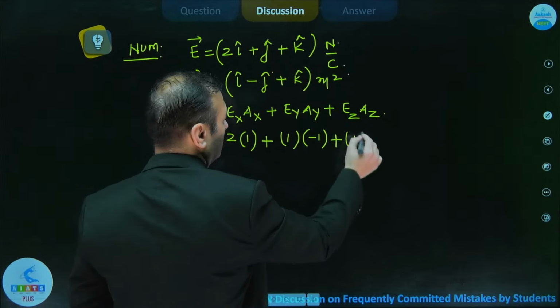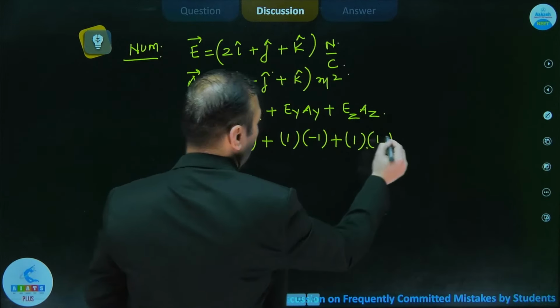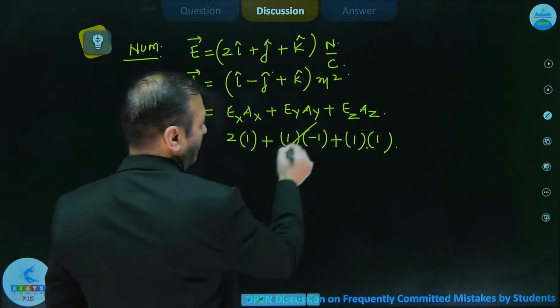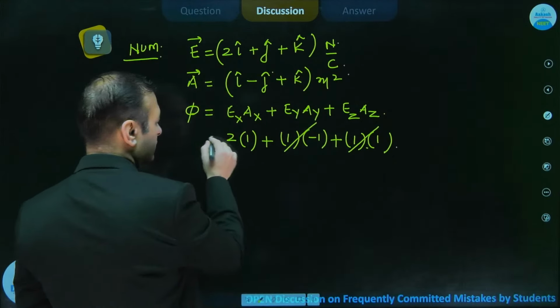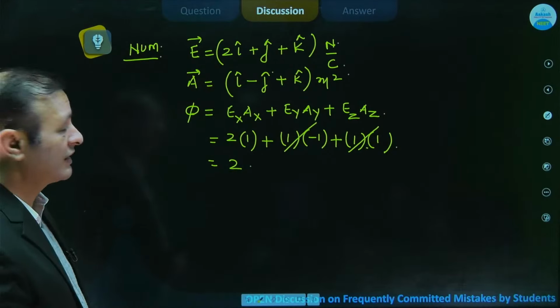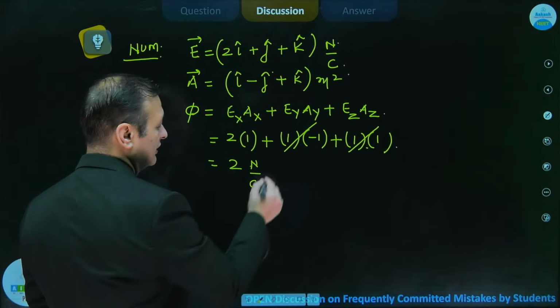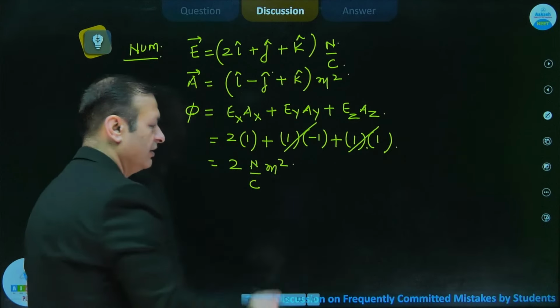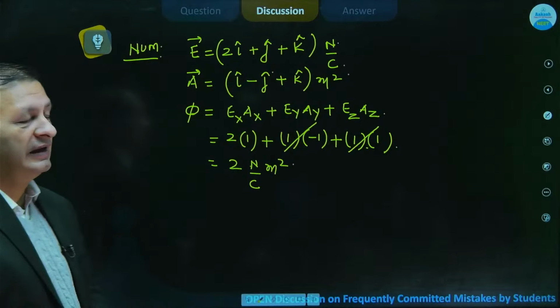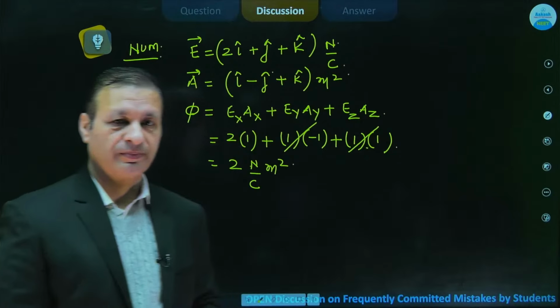EZ is 1 and this AZ is also 1. So this becomes minus 1, this becomes plus 1, this goes, and finally you are left with only 2. So that is the numerical value of the flux, and unit wise it is again the same, Newton per coulomb for the electric field into area meter square. So that is another example or another numerical practice for you. Got it or not?